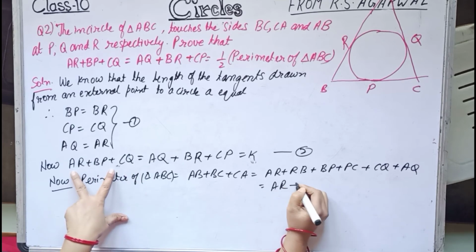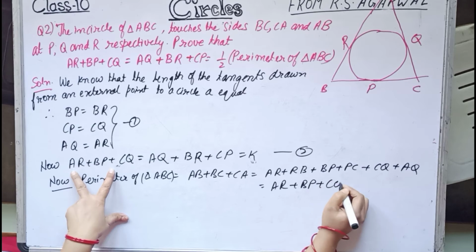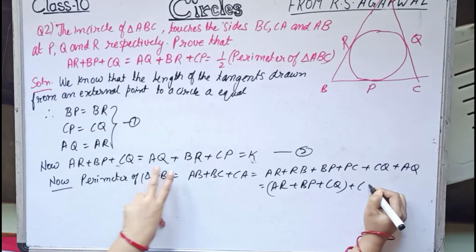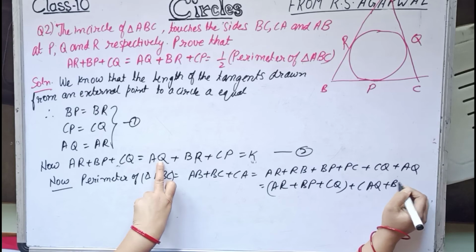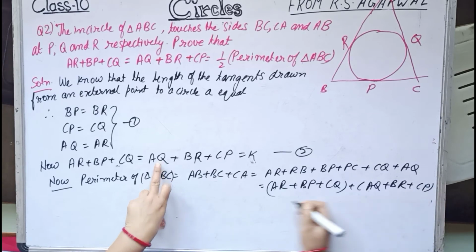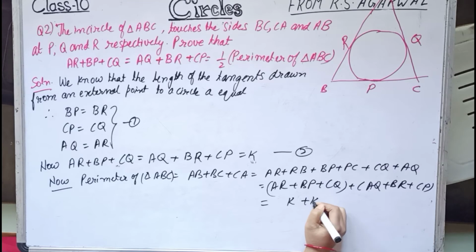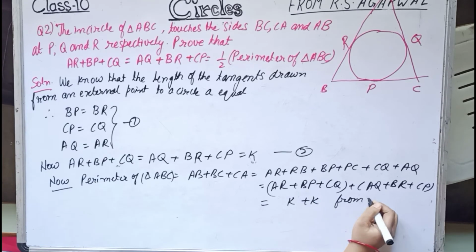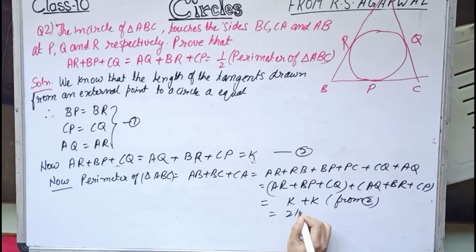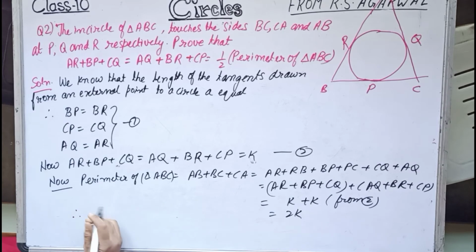So AR plus BP plus CQ plus AQ plus BR plus CP equals K plus K from 2, which equals twice K. Therefore, this sum is K and the perimeter of the triangle is twice K. So obviously this equals half the perimeter of triangle ABC. Let us make it equation number 3.